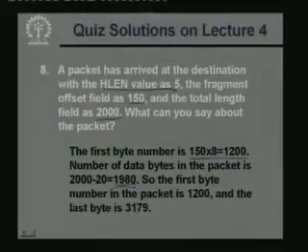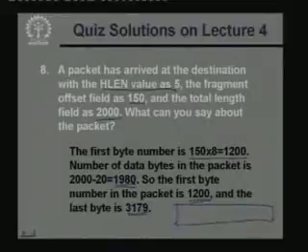Now, since the first byte number is 1200, the first byte in the packet corresponds to 1200, the last byte corresponds to 1200 plus 1979, which is 3179. So, with respect to the original packet, the present fragment's beginning byte position will be 1200, the last byte position will be 3179.